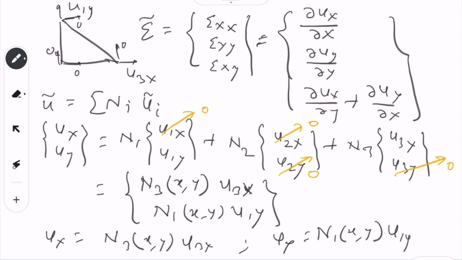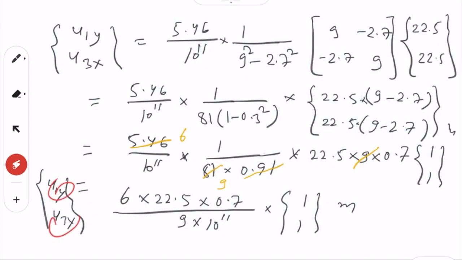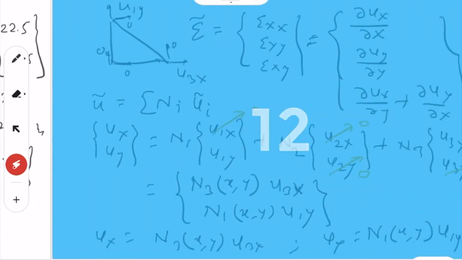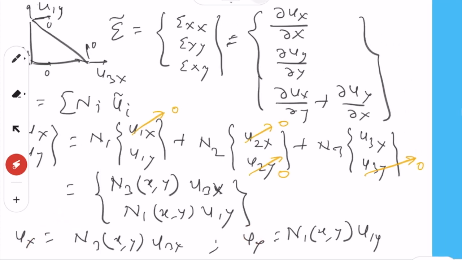That's it. These values we got already in the previous page, and n1 and n2 we know. So basically we can find out exactly what the values of ux and uy are.